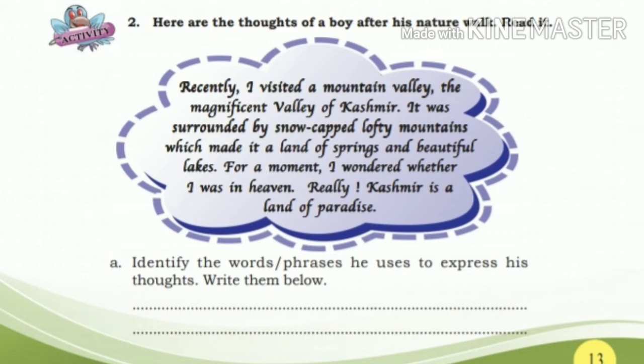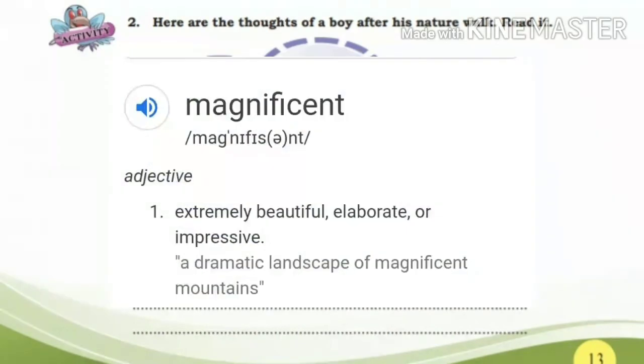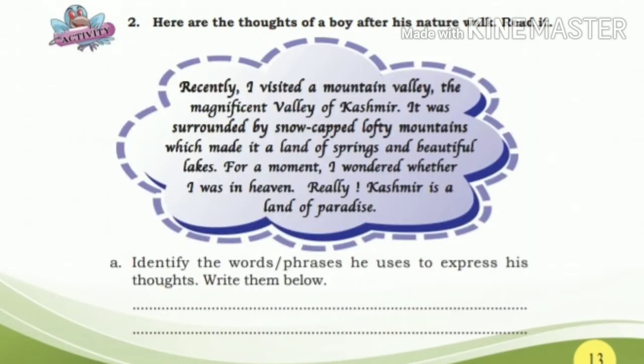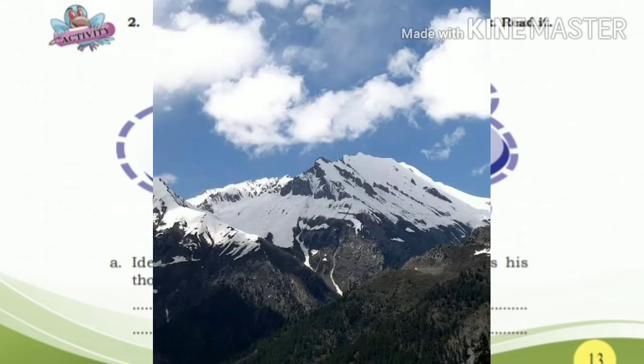Recently, I visited a mountain valley means I visited a mountain valley. അടുത്ത കാലത്ത് ഞാനൊരു mountain valley visit ചെയ്തു. The magnificent Valley of Kashmir. What is magnificent? Magnificent means very super. It was surrounded by snow-capped. What is snow-capped?